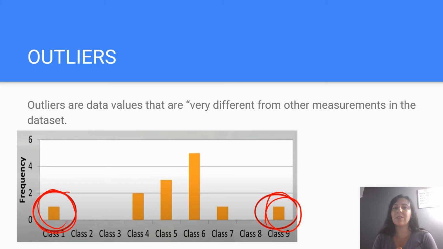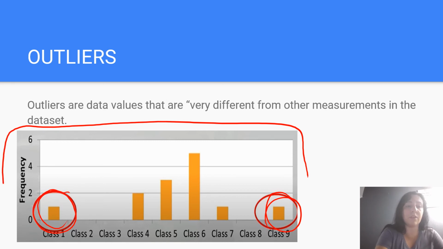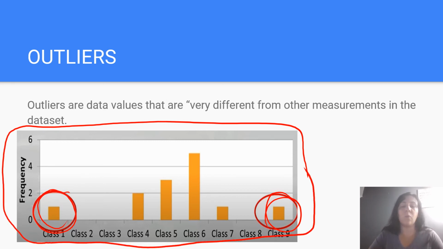Because sometimes this could mean mistakes in your data. It could be due to sampling error, due to bias, but it could also be real data that is representing the population. For example, this could be a histogram of the different weight classes in people who live in this city, San Bernardino.